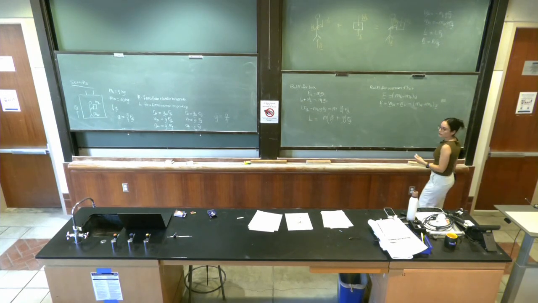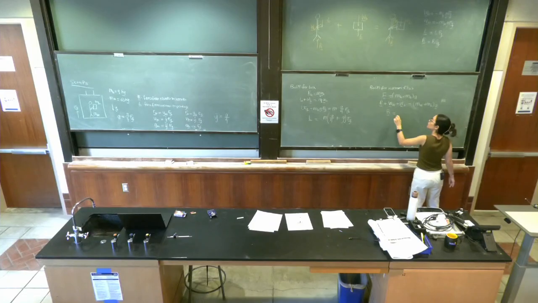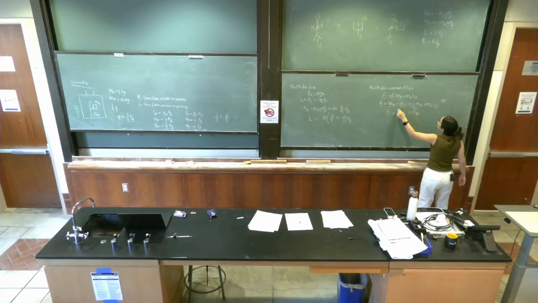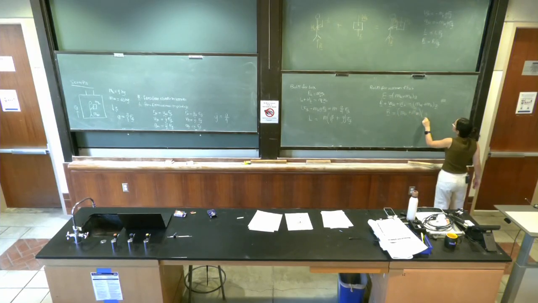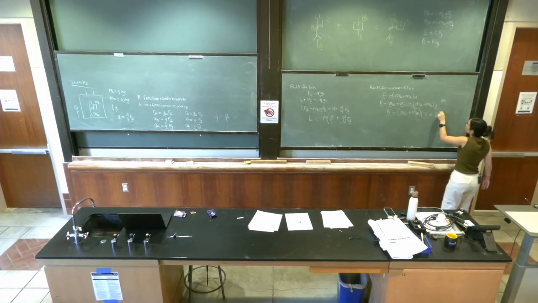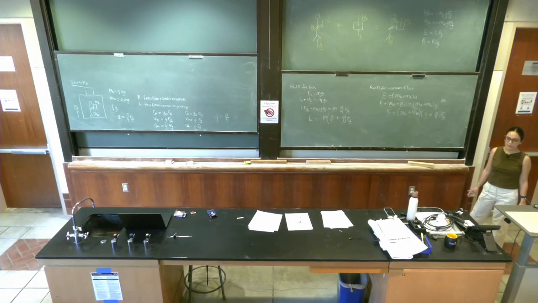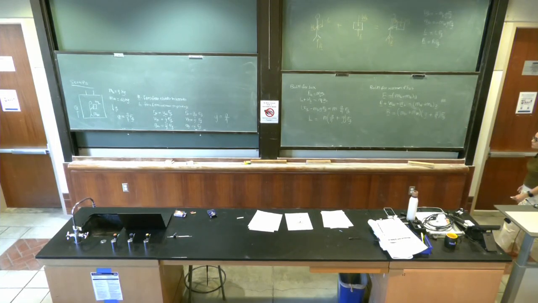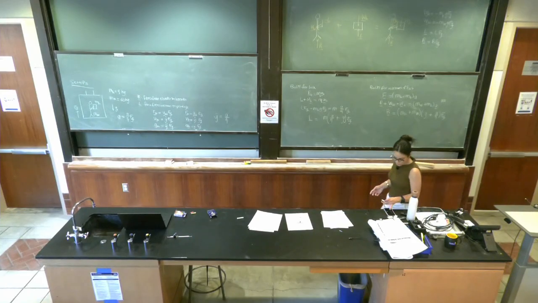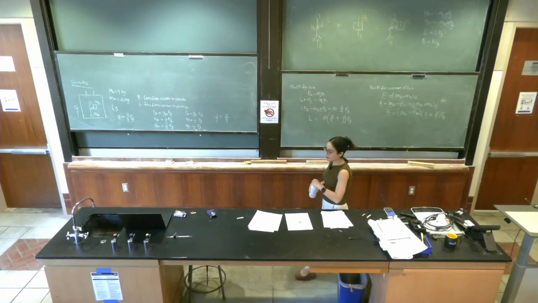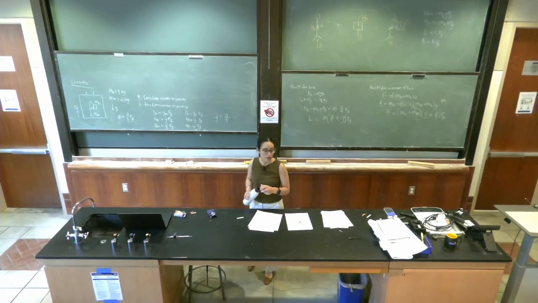And I can find R. R is (m_box plus m_woman) times (g plus g over 4) EY. I think that's it, right? The force is a vector, and they want a force. I gave them a force, which is a vector. Did I make a mistake?